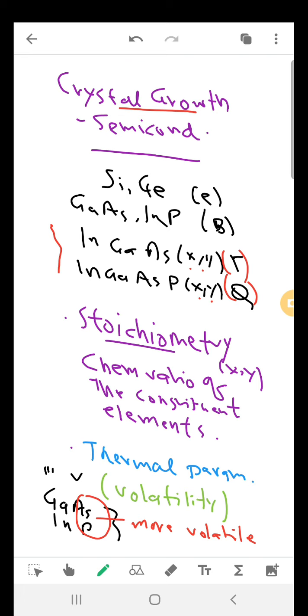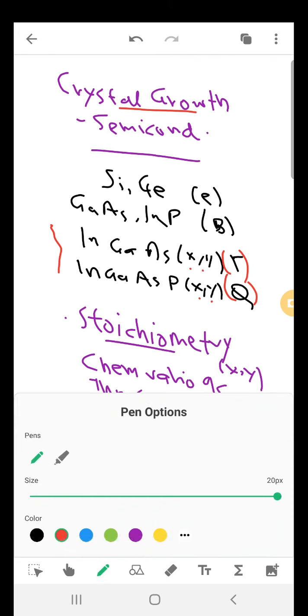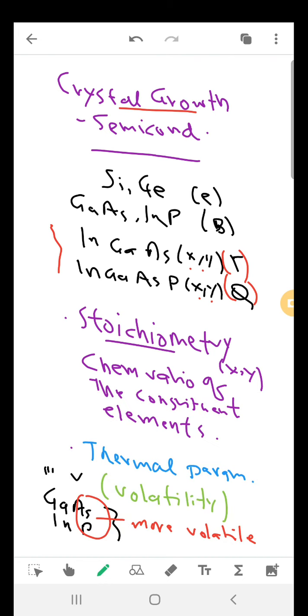This property of evaporating one of the components and leaving behind the other rich component is called incongruent evaporation, and it is detrimental and not welcome in crystal growth.